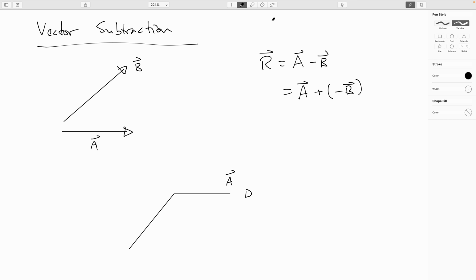About like that, right? There we go, something like that. So now I'm adding to it negative B. So I've made a vector same length as B, but points in the exact opposite direction. And do make sure to label this as negative B, because that's what this is, because after all, in this method, you're adding them. And then I can go ahead, complete out the parallelogram.